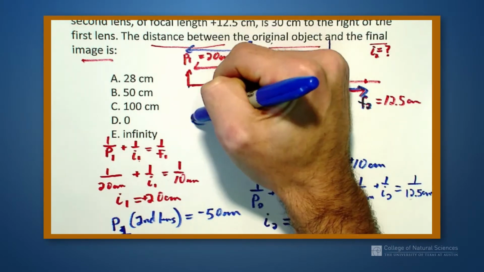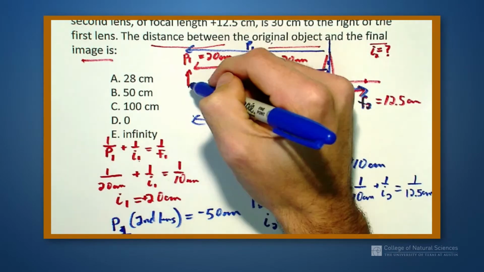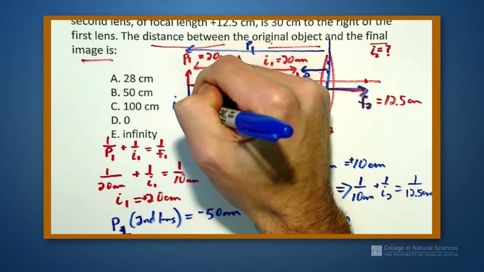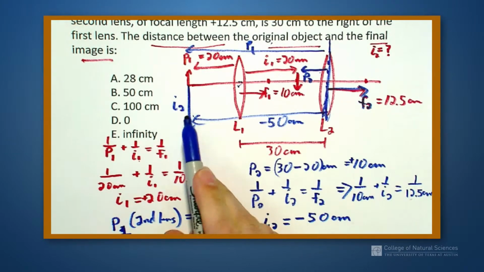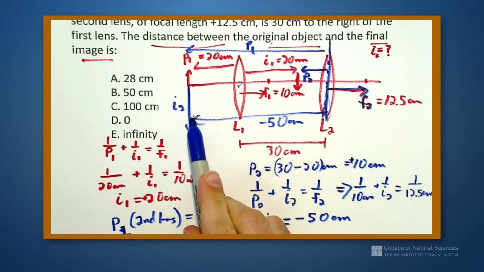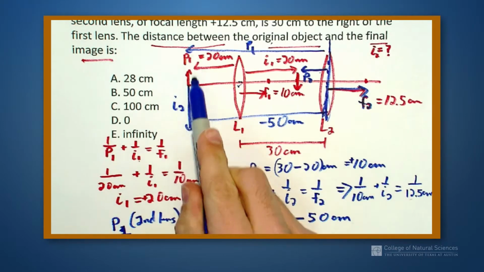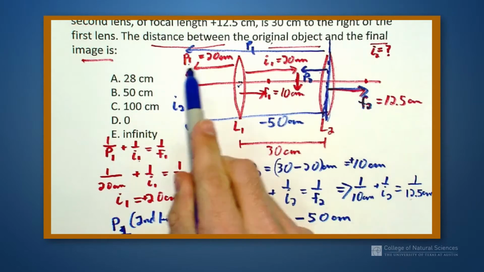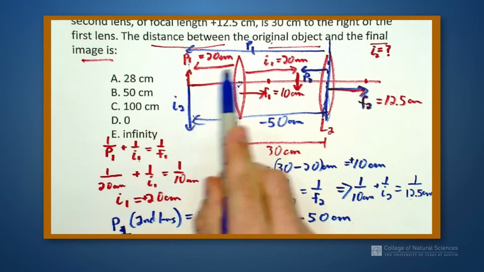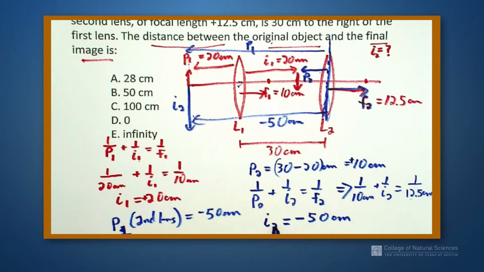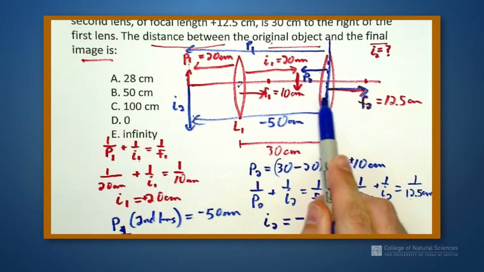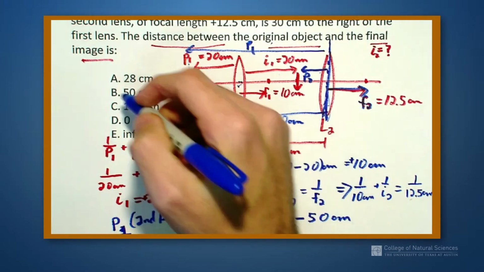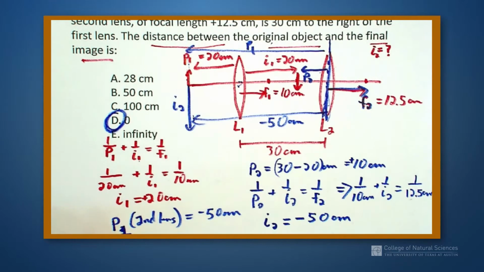So these two points, the object, my image 2 is going to form way back here. It's probably going to be upside down because I think it's a virtual image. It's going to be exactly the same spot. 30 centimeters and 20 centimeters is 50 centimeters from the object to the second lens. And our image from our second lens is at minus 50. So they actually show up at the same point.